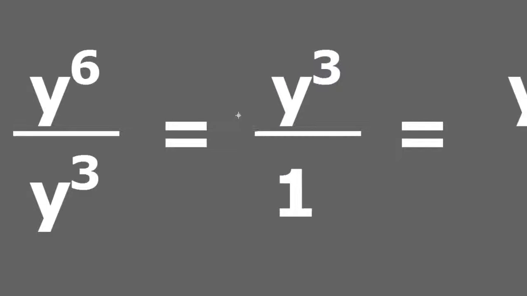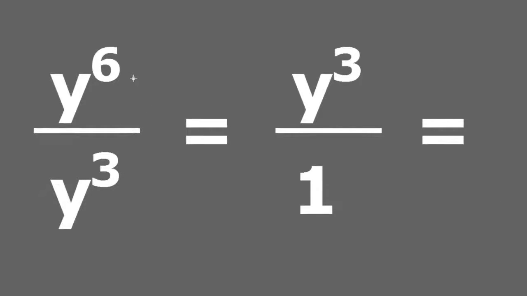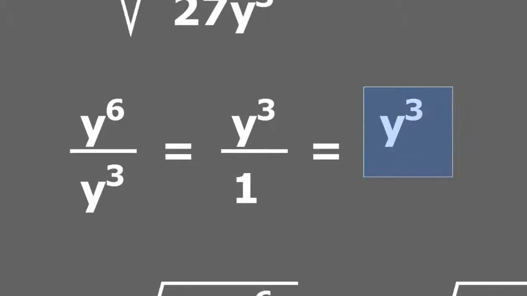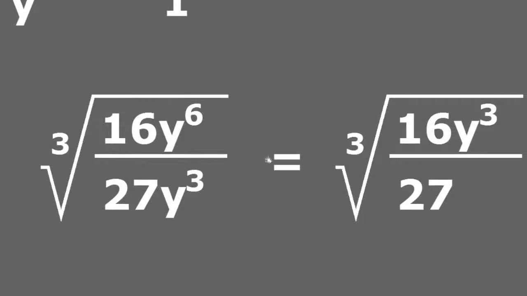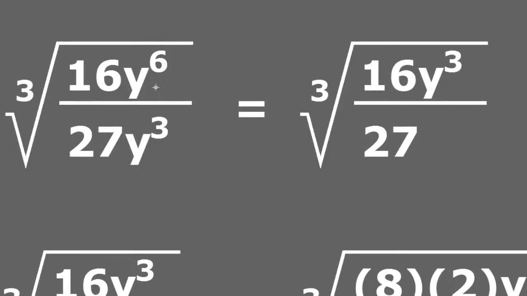So you can write it as y cubed divided by 1, or simply say that y to the 6th power divided by y to the 3rd power equals y cubed. That's the simplification of y to the 6th power divided by y to the 3rd power. It just equals y cubed in the numerator.